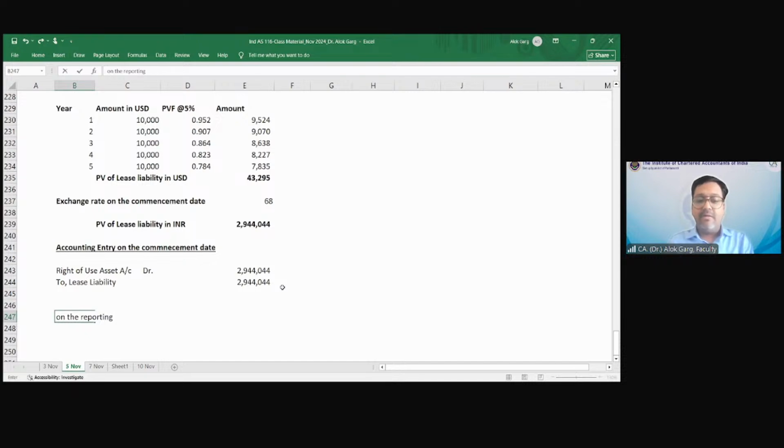Now you will depreciate. What is the accounting entry on the reporting date? There will be a lease payment also, right? There will be interest, there will be a lease payment.